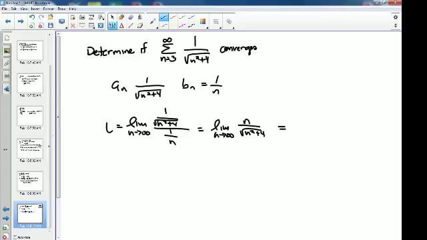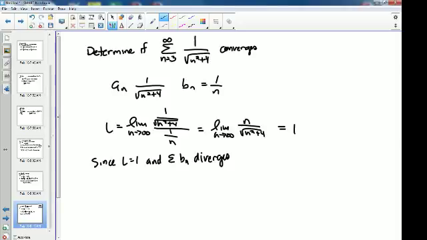What does that equal? Because this is basically like saying n, the root of n squared. So if L is 1, and the series b sub n diverges, we know that the harmonic series diverges.